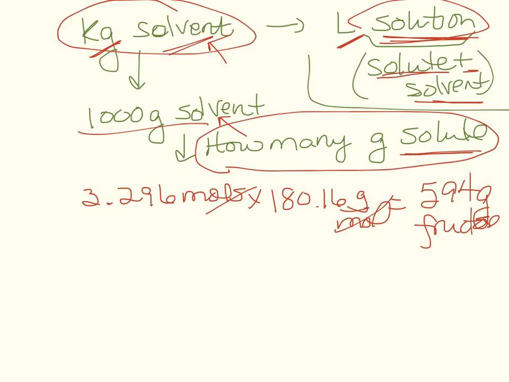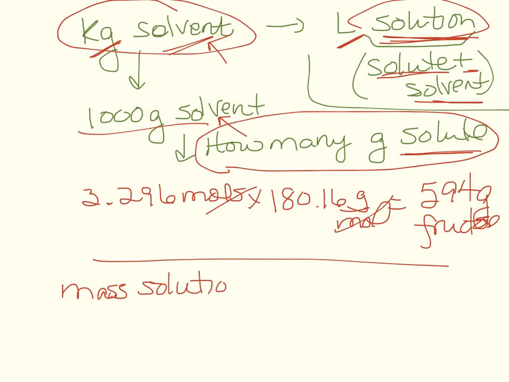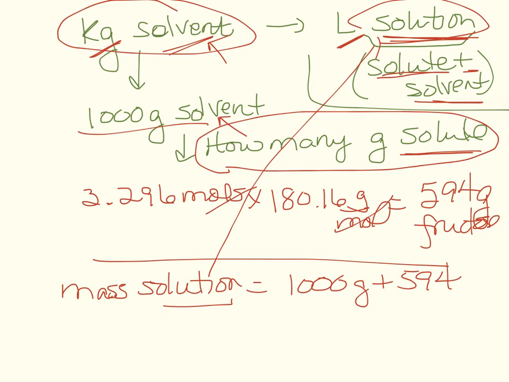So the total mass of solution, and again, I'm trying to get a quantity of solution because that's what's required by molarity, is 1,000 plus 594. Okay, it's solvent and solute. Total mass of solution is 1,594 grams.